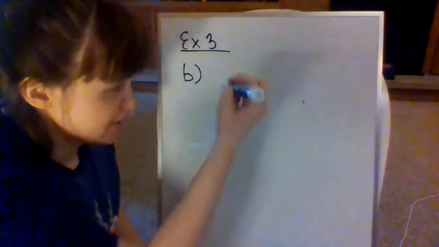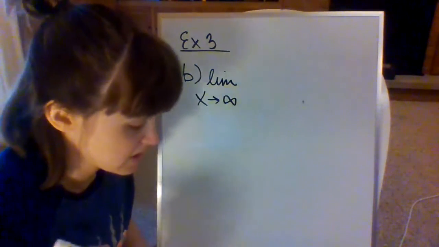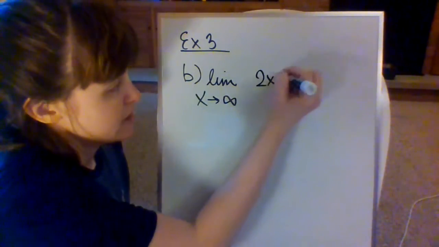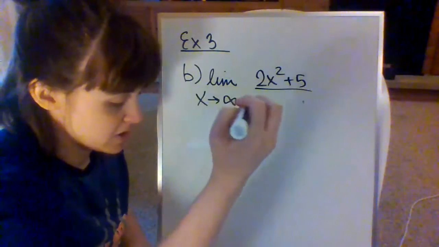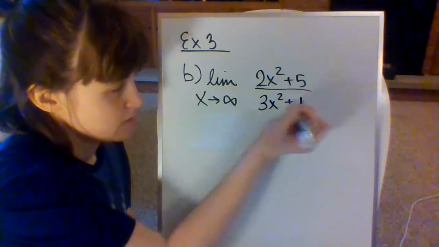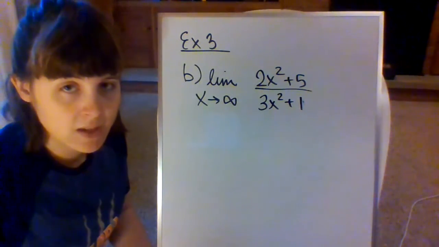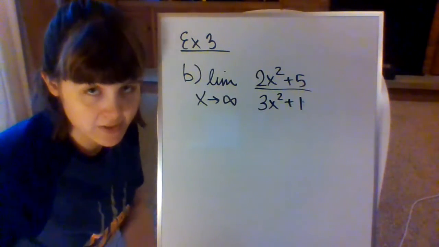Alright, part B, it looks like this. We have the limit as x approaches infinity of 2x squared plus 5 over 3x squared plus 1. Alright, so the highest power of x here is x squared.